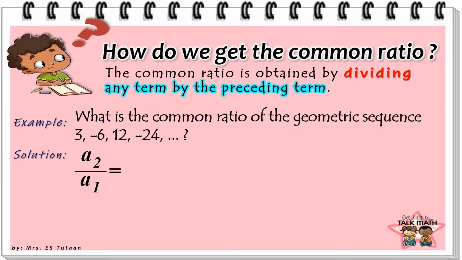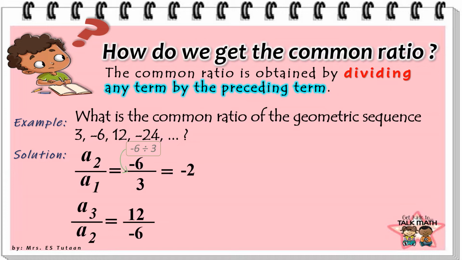Solution, we will have a sub 2 divided by a sub 1. That is equal to negative 6 divided by 3, and that is equal to negative 2. And the next pair of terms, we will have a sub 3 divided by a sub 2 is equal to positive 12 divided by negative 6.